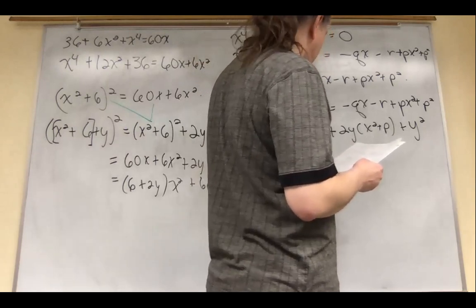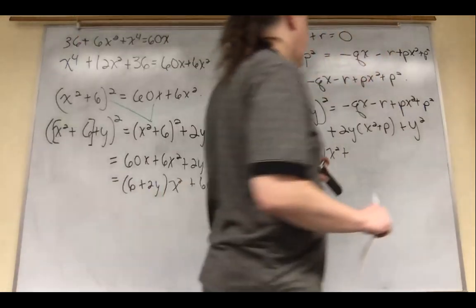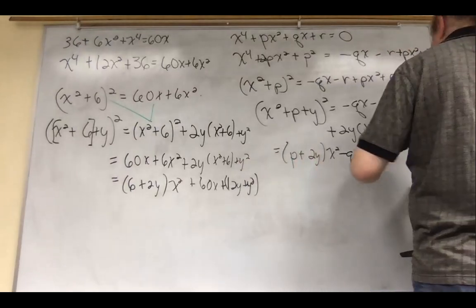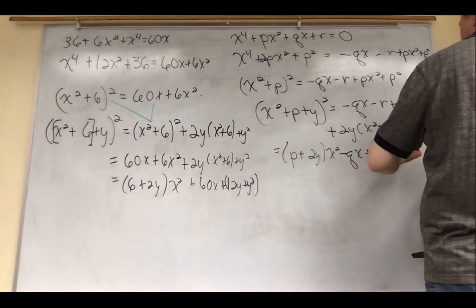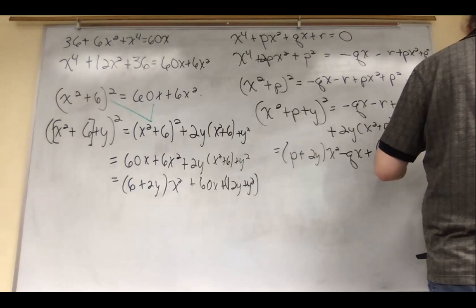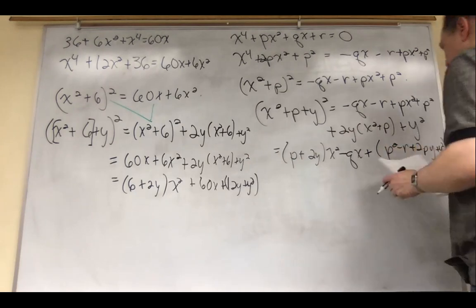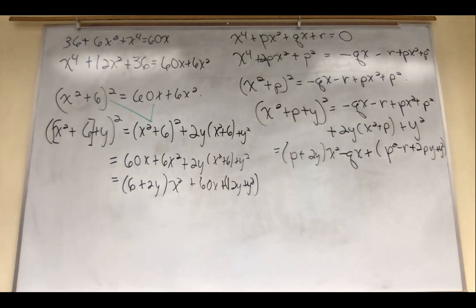We have p plus 2y times x squared, minus qx, there it is, minus qx, plus p squared minus r plus 2py plus y squared. There's the stuff that doesn't have x in it. All right, fine. Now what?